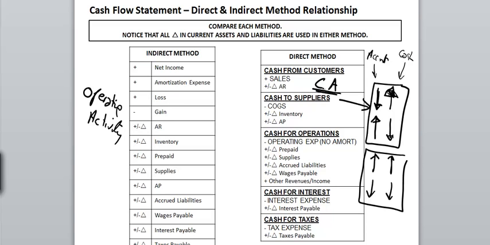Indirectly, our cash account goes down. Another example of a current asset: inventory is purchased, it goes up. It means that we purchased inventory and our cash goes down. On the other hand, if inventory goes down, that means that we're selling inventory and cash is going up.